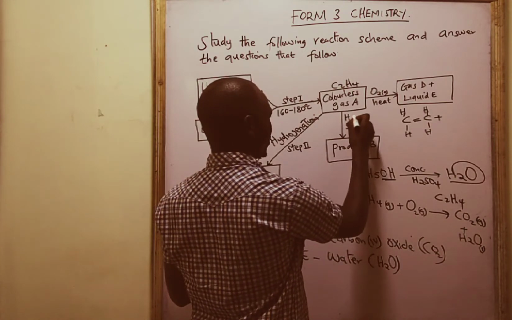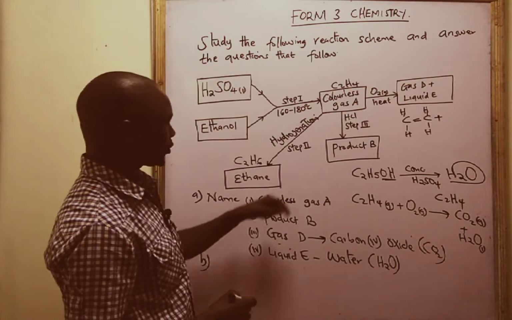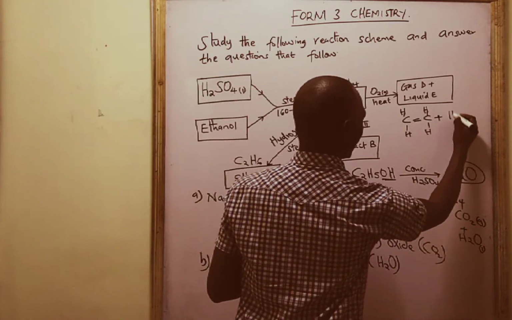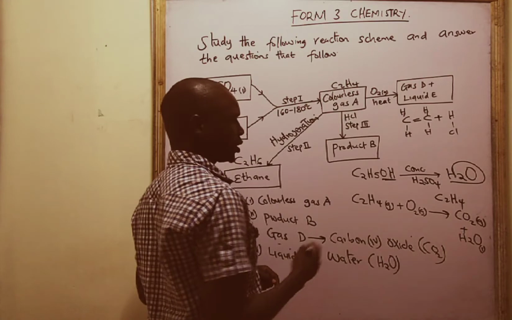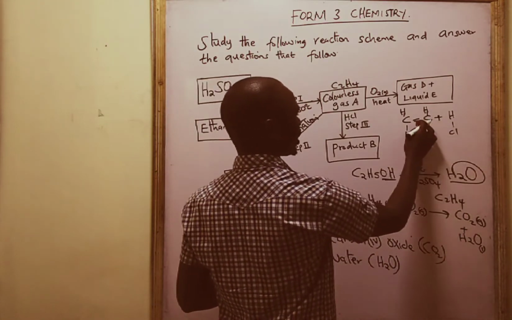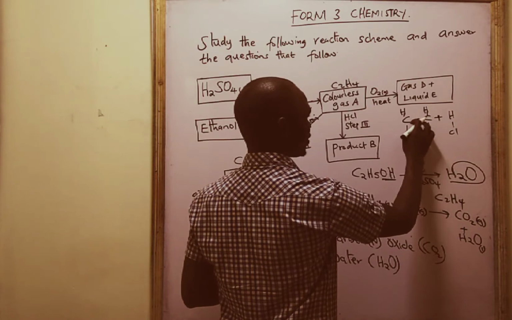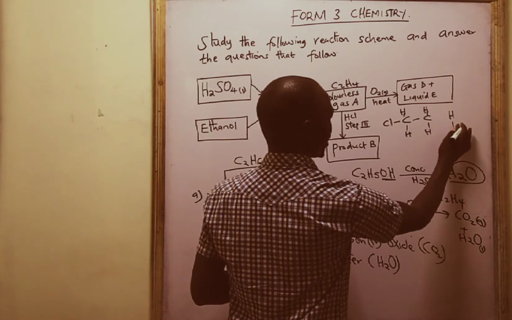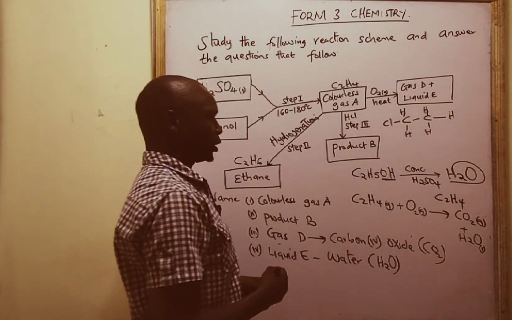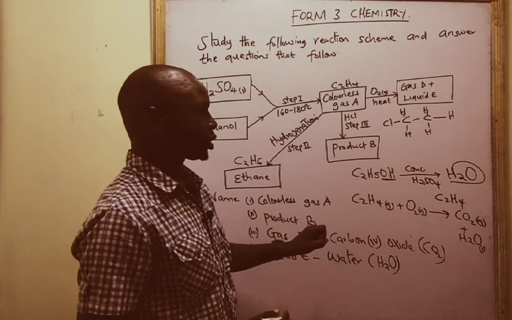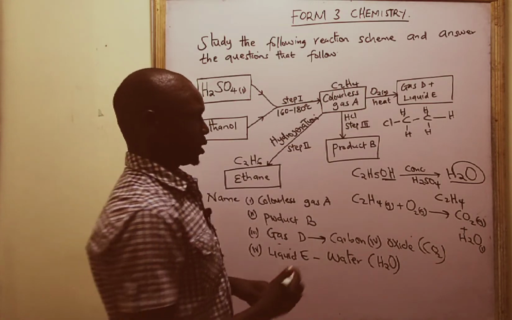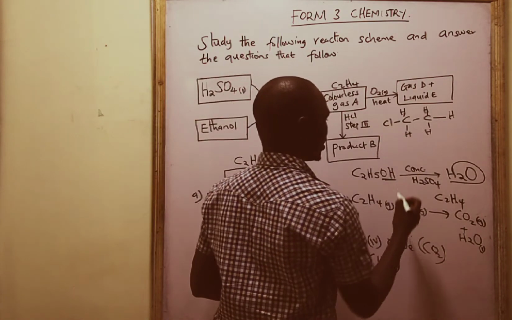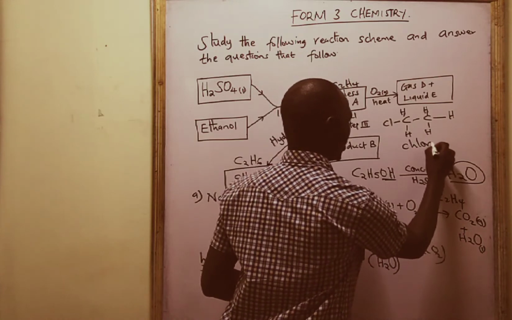So if we are adding hydrogen chloride to ethene gas, this hydrogen chloride will break the double bond such that we have chlorine coming here, and this hydrogen attaches itself there. And in this case, now we have a single bond. We are going to talk about alkanes. In this case, now we can say this is 1-chloroethane, or simply what we call chloroethane.